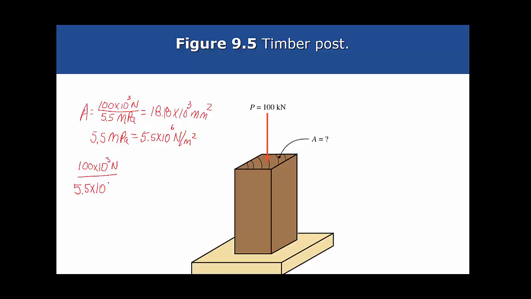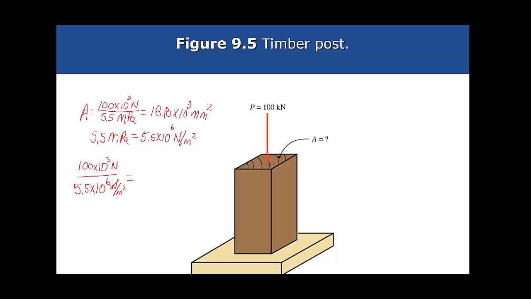That's basically what they're writing, right? Newtons per meter squared. Right, but what I'm saying is all of a sudden they went to square millimeters. Then your newtons cancel, and your 10 to the third over your 10 to the sixth just goes to 10 to the third, which is where you get your millimeters.